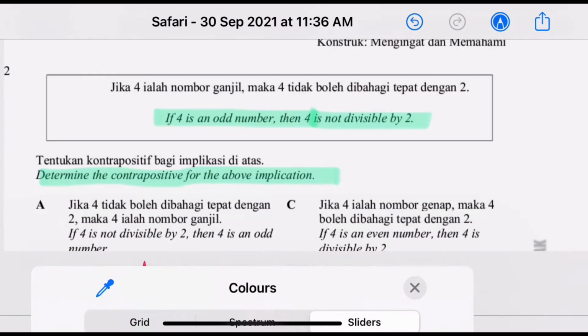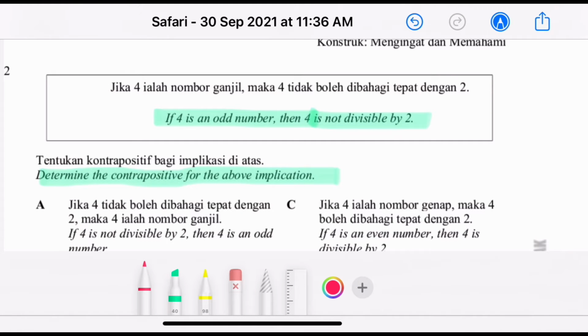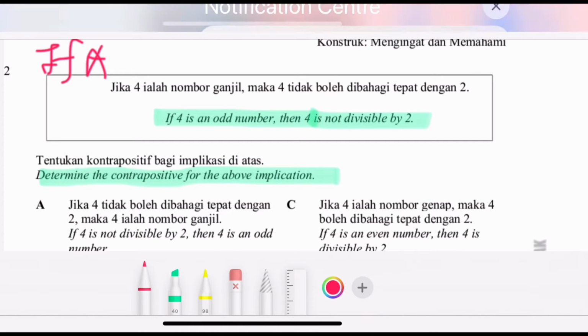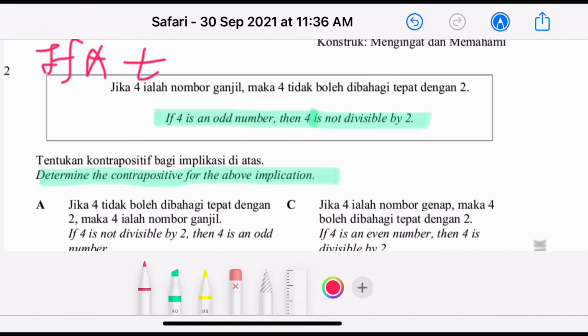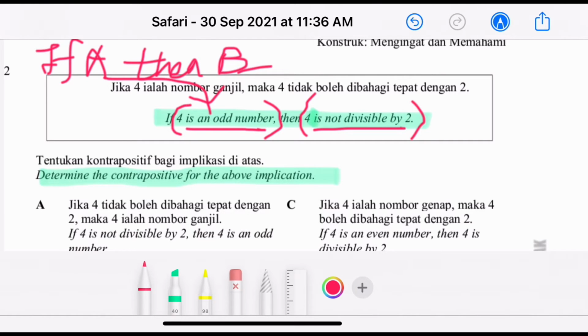We have if A, then B. Let's say 4 is an odd number is statement A, and 4 is not divisible by 2 is statement B.